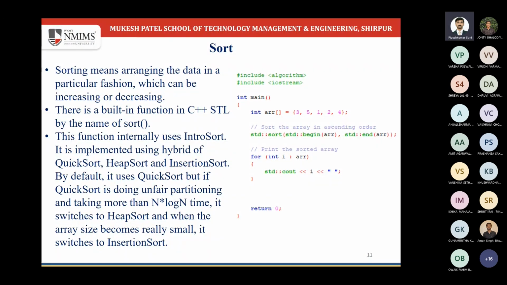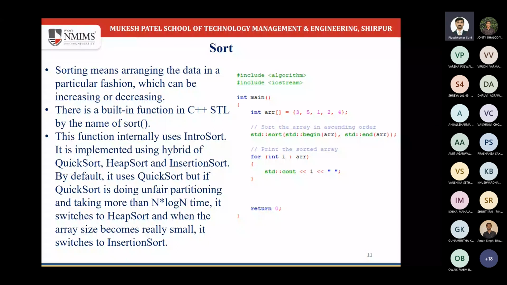But if it gets to know that quick sort is not partitioning the list into similar sizes, that it is unfair partitioning and it is going to take more than n log n time, then it switches to heap sort automatically.